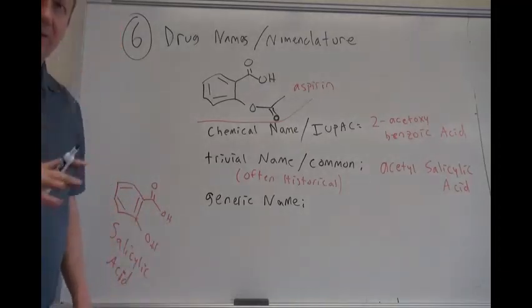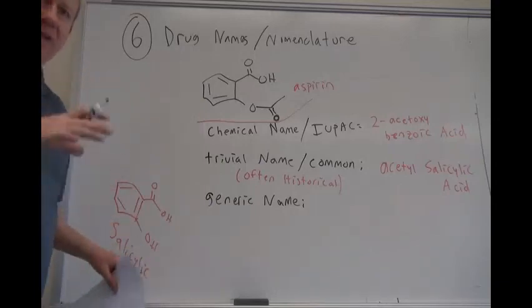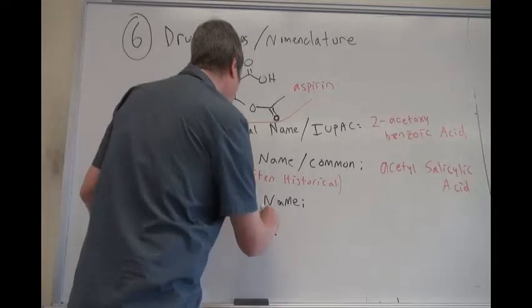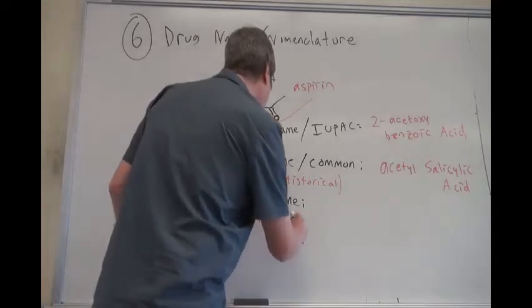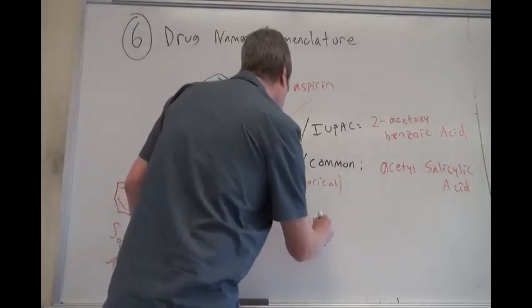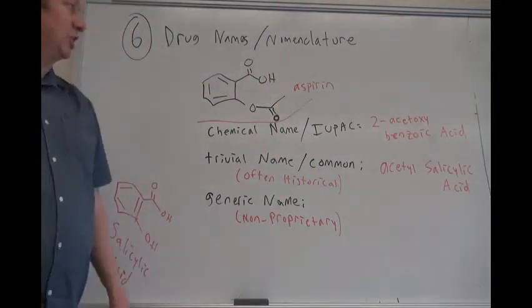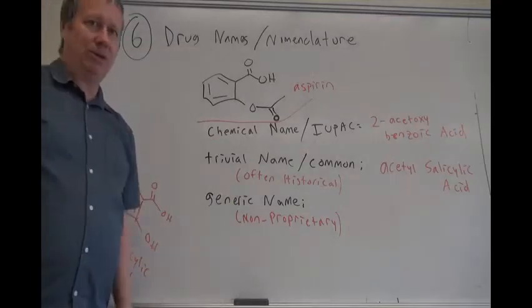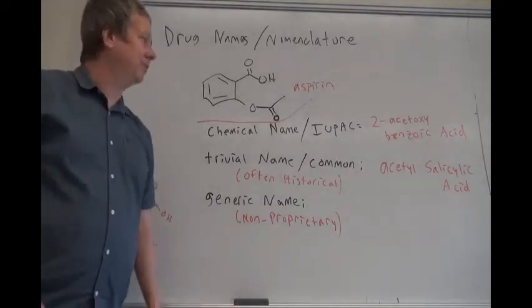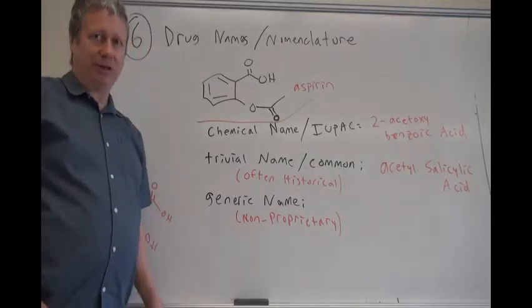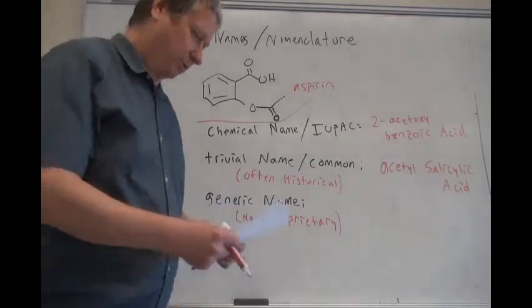So this is a commonly used name that does not have to do with a company. What's the generic name for this molecule that might be used in the clinic or pharmacology that's not related to a business name? And that's aspirin. So the generic name is aspirin.